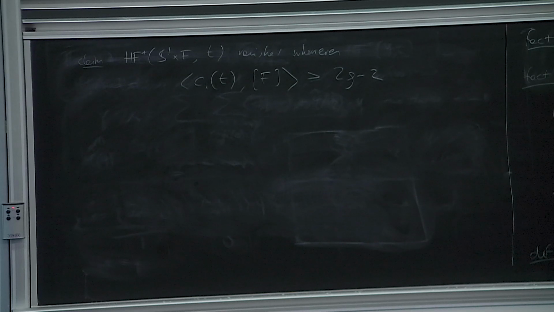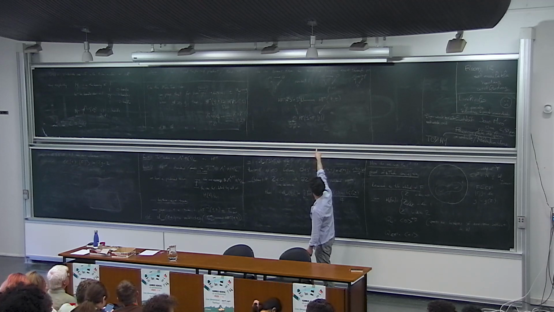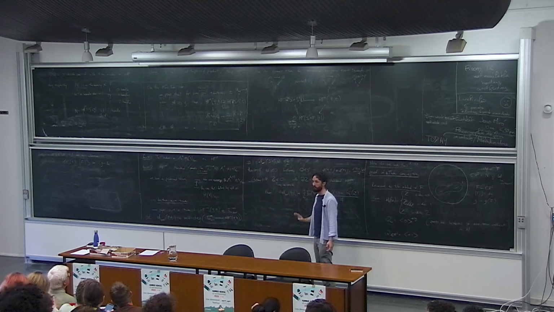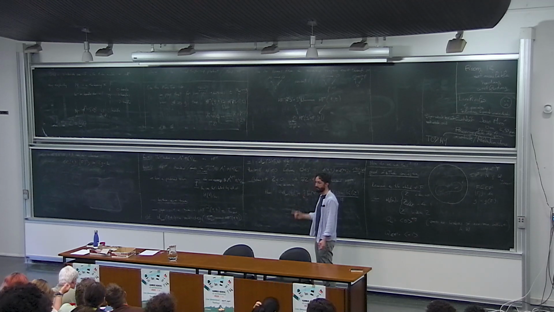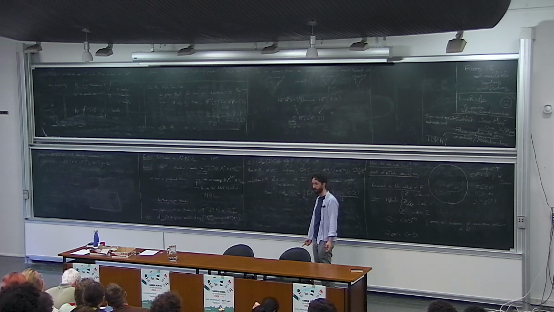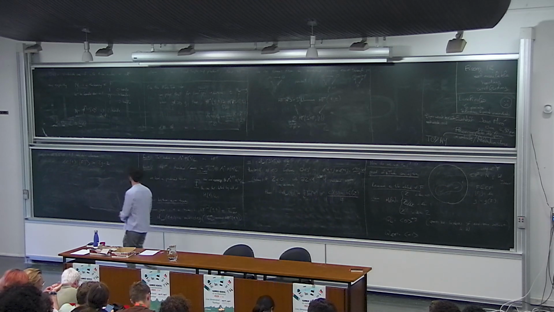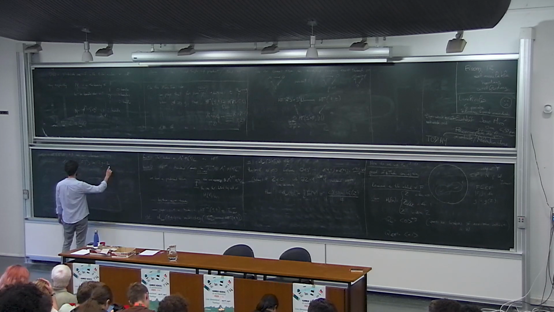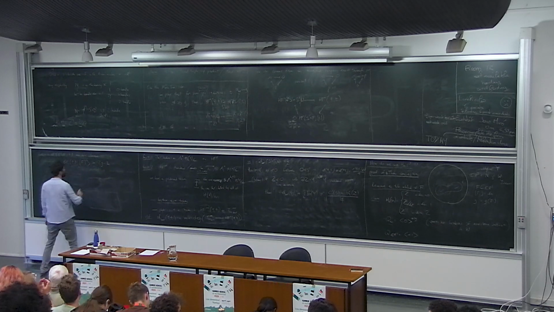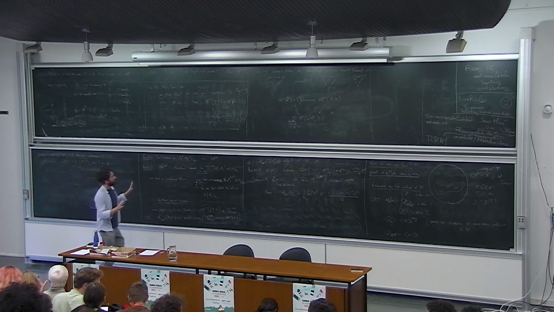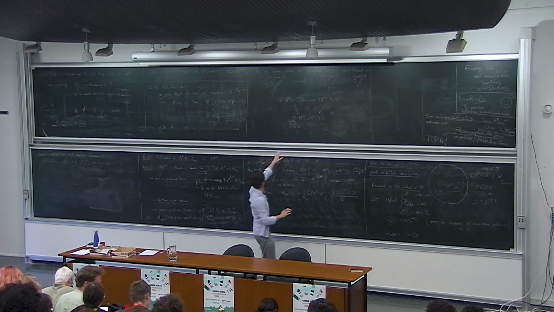Here, note, T on Y, I want it to be torsion, but the T's that I have on S1 cross F need not be torsion. Actually, on S1 cross F, you only have one torsion spin-C structure because you have no torsion in H1. So let me glue the pieces together for a second.